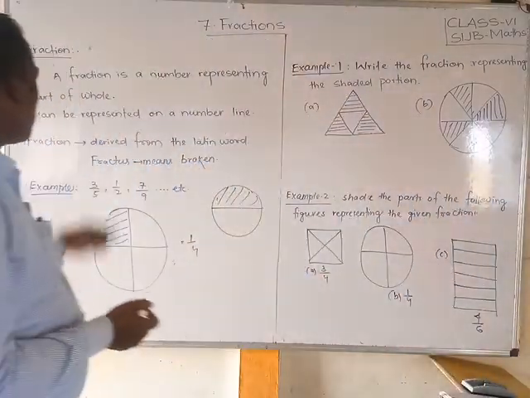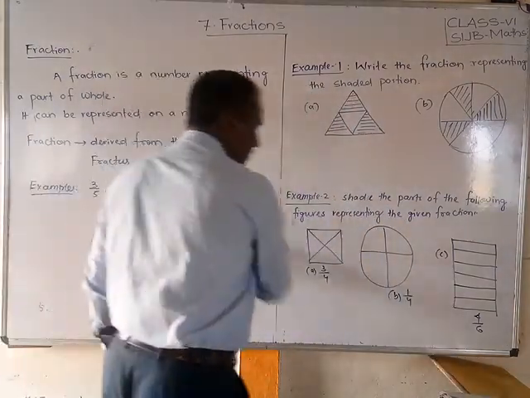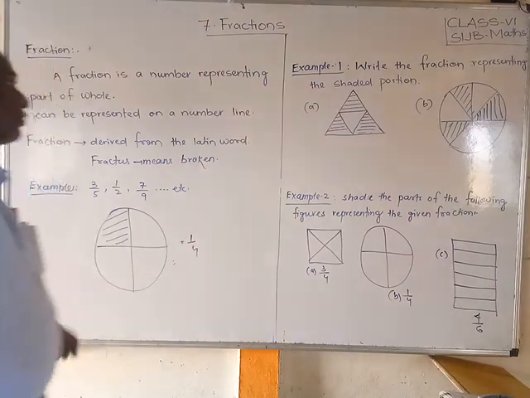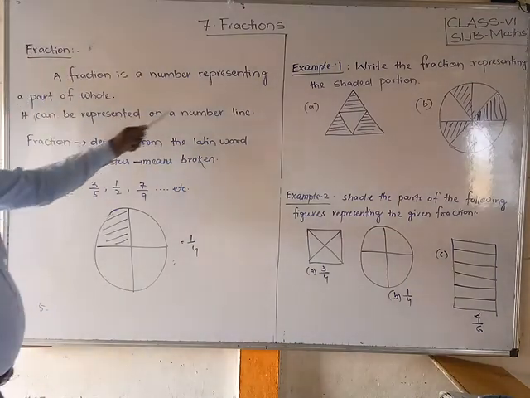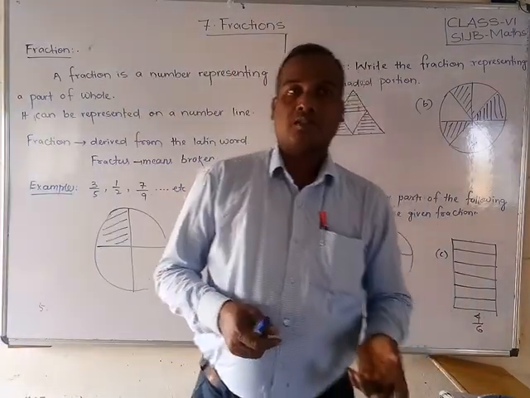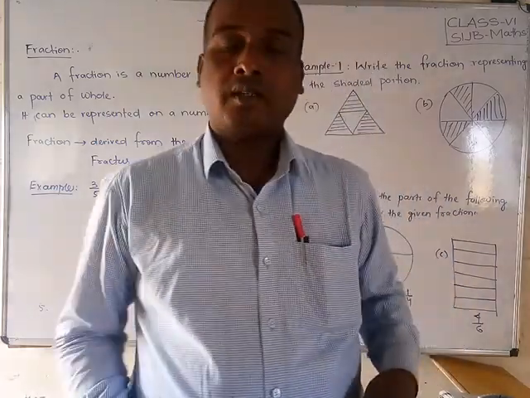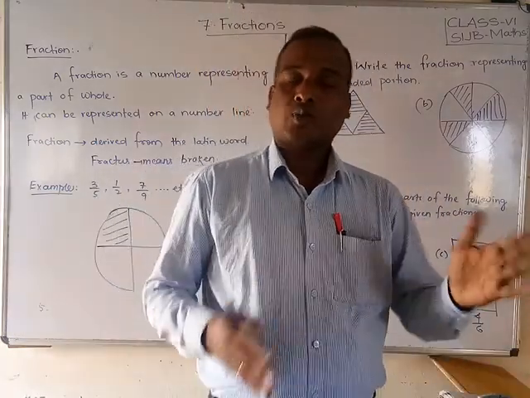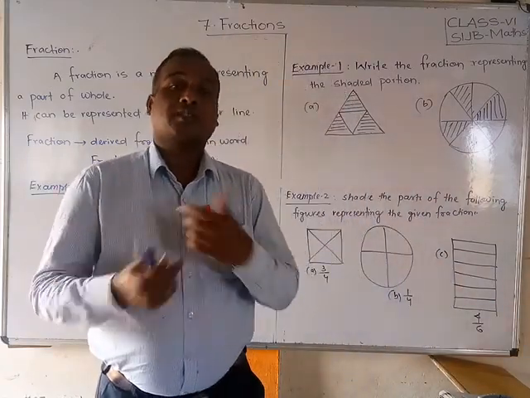Now we are going to discuss the definition of a fraction, and then we will see it represented graphically. A fraction is a number representing a part of a whole. It can be represented on the number line. Just as you have represented whole numbers, natural numbers and integers, which you studied in the last chapter, on the number line, in the same way we can represent fractions on the number line.